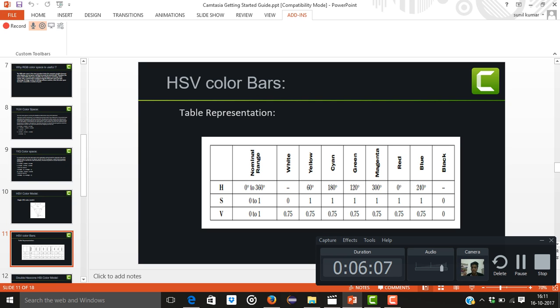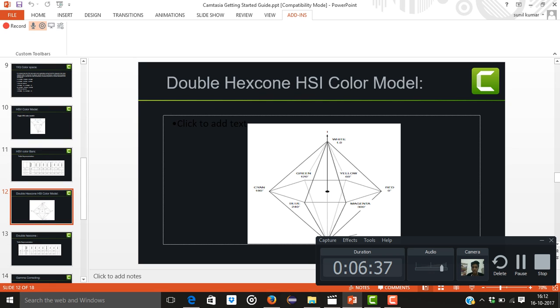In S and V, black accepts the values zero, and white accepts the values zero and one. The rest, yellow, cyan, green, magenta, red and blue, can also be represented. H normally ranges from 0 to 360 degrees. Yellow has 60 degrees, cyan has 180 degrees, and S has binary values zero and one. V has some values such as 0.75, which can accept all of these.